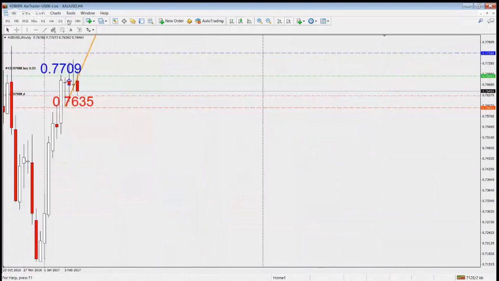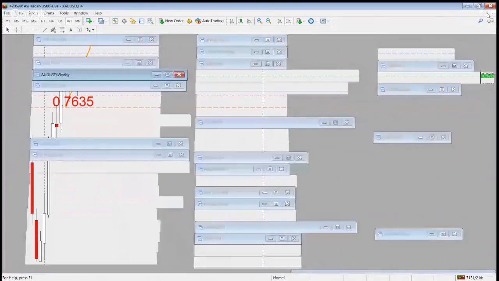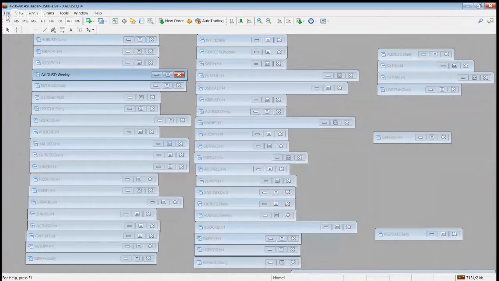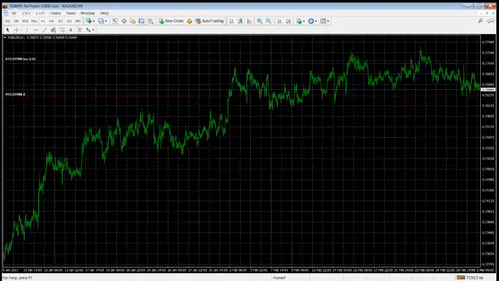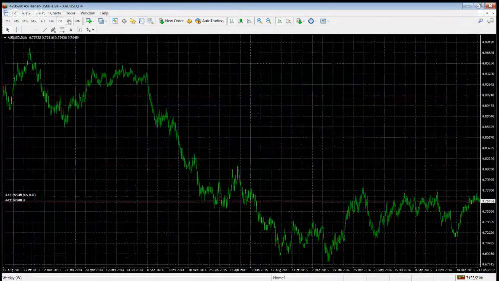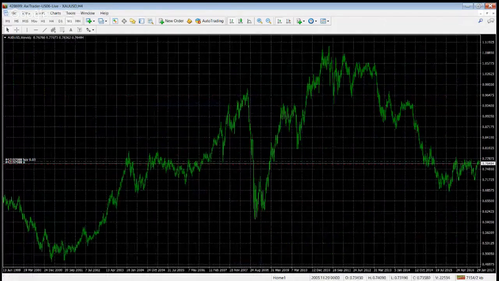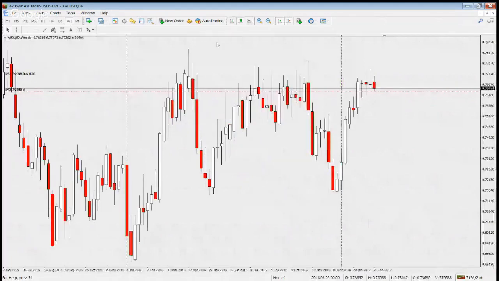The interesting thing about the Aussie, I will say this, is, and we know this, you can go and look and see how many traders are actually long or short the Aussie. A lot of brokers will offer this information. The interesting thing is the weekly chart is actually pretty bullish.